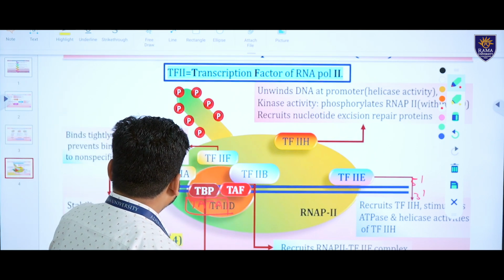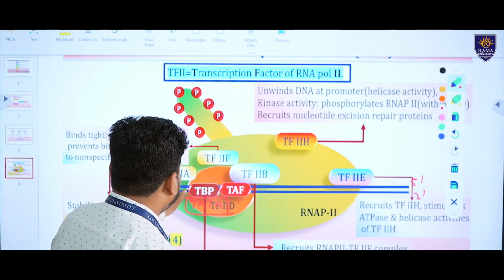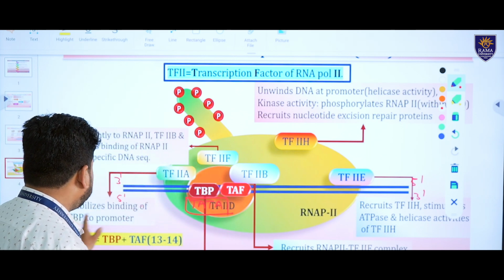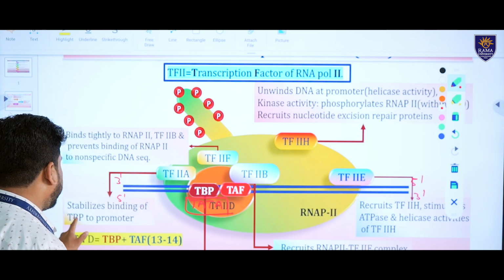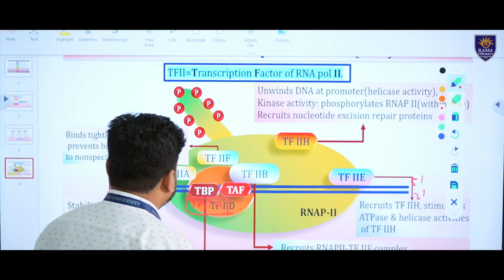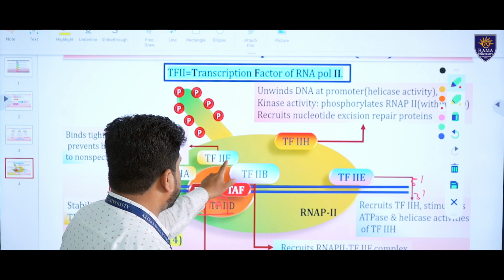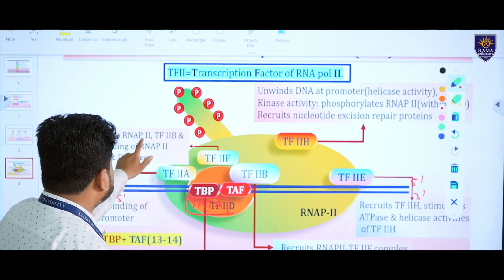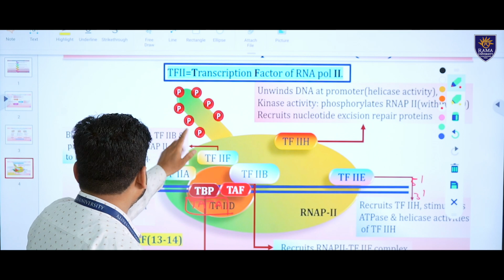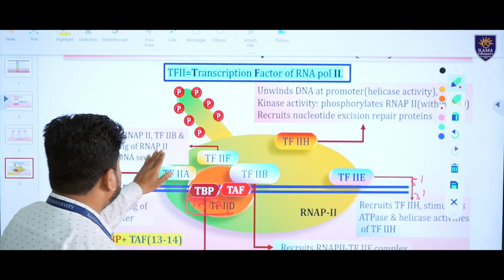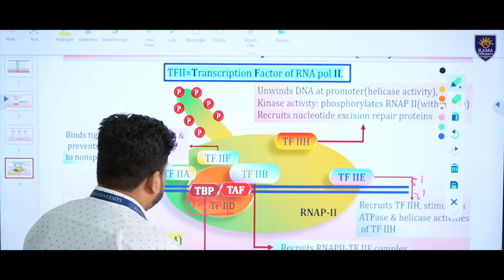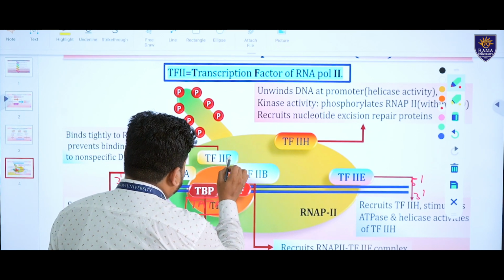After that, there are different transcription factors. Transcription factor IIA stabilizes the binding of the transcriptional binding proteins to promoters. Similarly, transcription factor IIF helps in binding tightly to RNA polymerase II, and prevents binding of RNA polymerase II to non-specific DNA sequences. These are the factors.